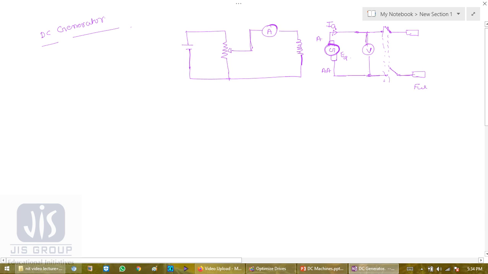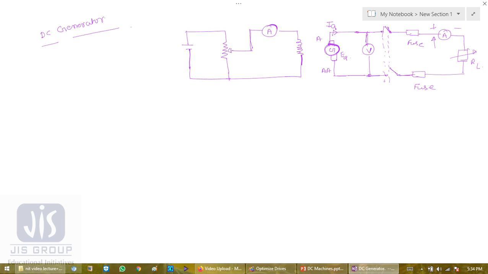This is the fuse, and again a meter, and it is connected to variable load RL, and this gives my load current.